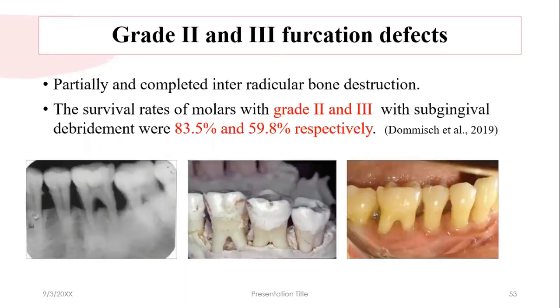Grade 2 and grade 3 furcation defects, yes, they can be included in the subgingival debridement or the non-surgical treatment. Partial and complete interradicular bone destruction. So the survival rates of molars with grade 2 and 3 with subgingival debridement were 83.5% and 59.8%.